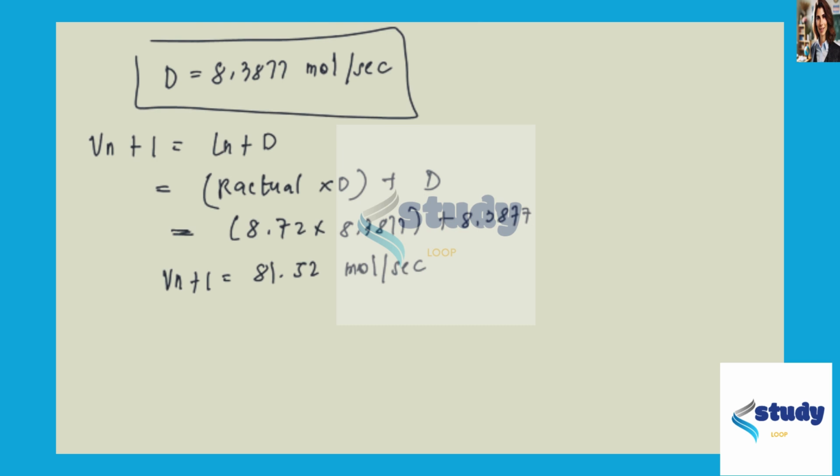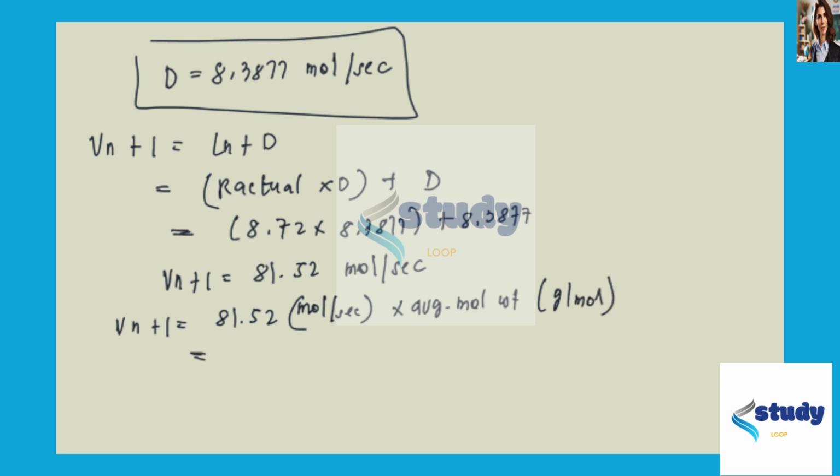So our Vn plus 1 will be equal to 81.52 mole per second times the average molecular weight in grams per mole.